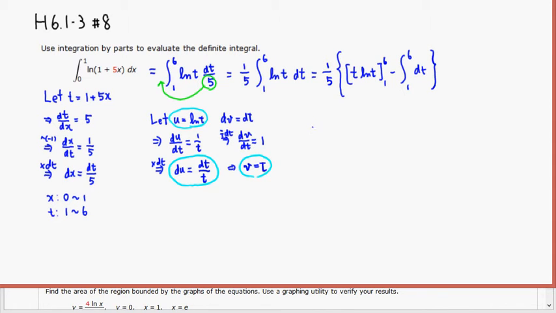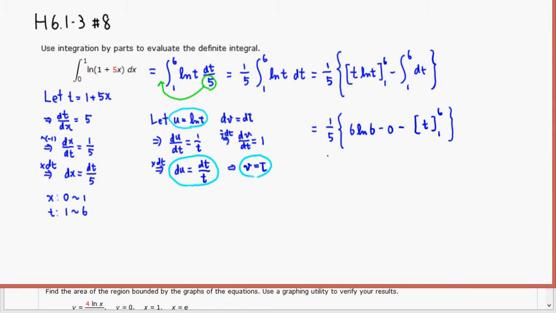So this is 1 over 5, plug in 6, so it's 6 natural log of 6, minus 1 times natural log of 1. Natural log of 1 is 0, so that's 0. Minus the antiderivative of 1, which is t, going from 1 to 6.